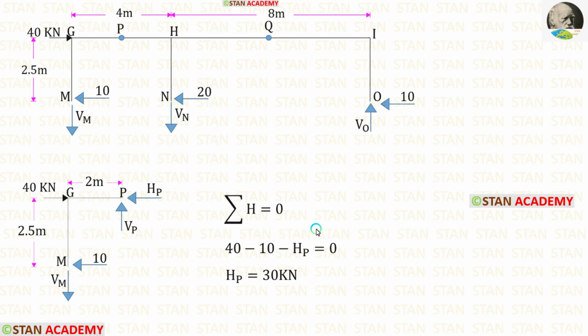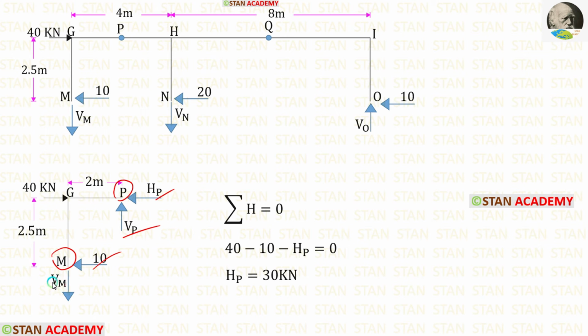Now, we are going to find the member forces. First, let us take the joint G. In this joint, we have two members, GP and GM. In the point P, we have to find the horizontal force HP and the vertical force VP. In the point M, we have already calculated the horizontal force 10.